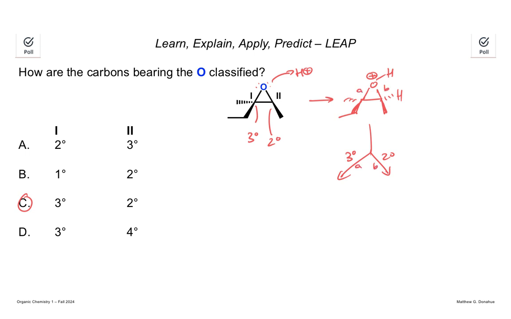So say if we popped open A, that's going to generate a tertiary carbocation.